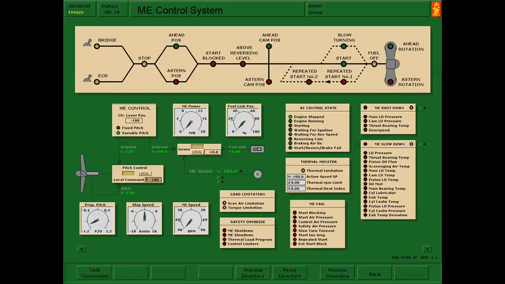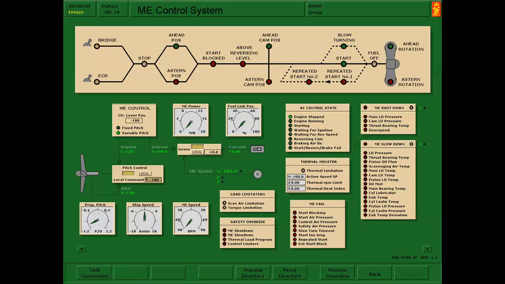So if the main engine was turning higher than a certain RPM, above reversing level would prevent the engine from trying to start astern until the RPM had dropped to a certain point. Otherwise you would use all your air bottles, the engine would fail to start, and you'd have a 30-40 minute delay waiting for your bottles to fill again.